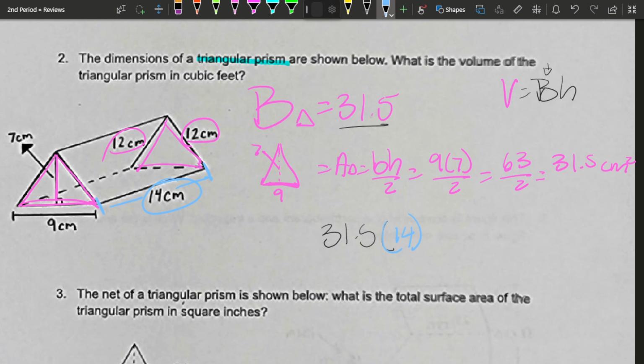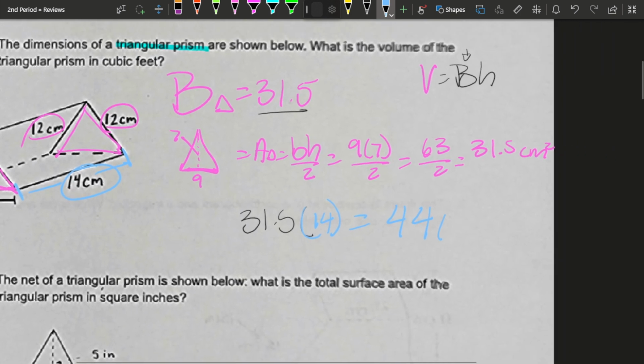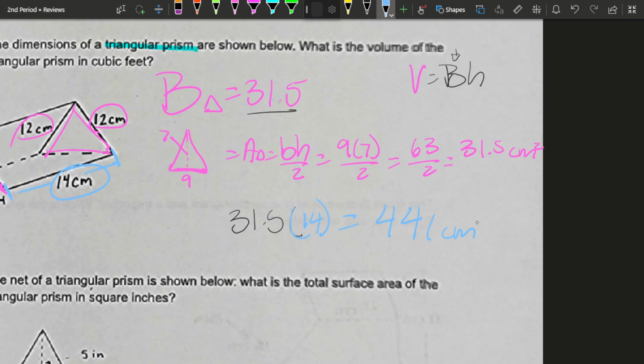And when we multiply these two, what do we get? 441. 31.5 times 14 equals 441. And since this is volume, it is centimeters cubed.